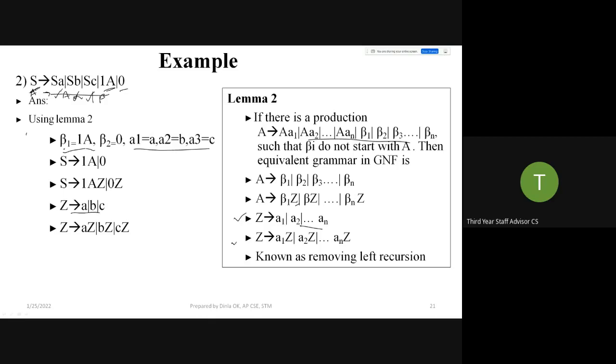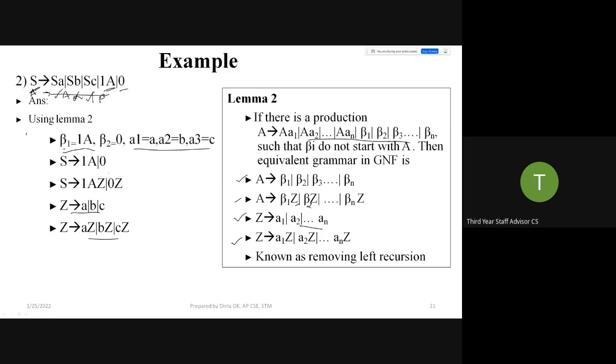In the same way, Z is written as AZ, BZ, A1Z, A2Z and A3Z. So we have got this production. What will our exact production be? We have to write it in two forms: A implies beta 1, beta 2, etc. beta n, and A implies beta 1Z, beta 2Z, etc. beta nZ.